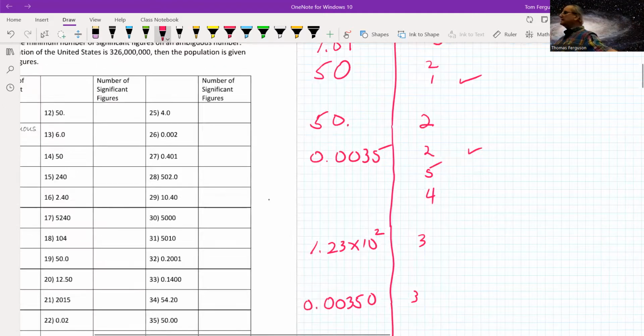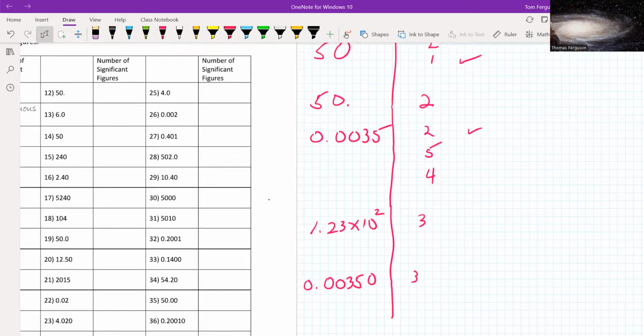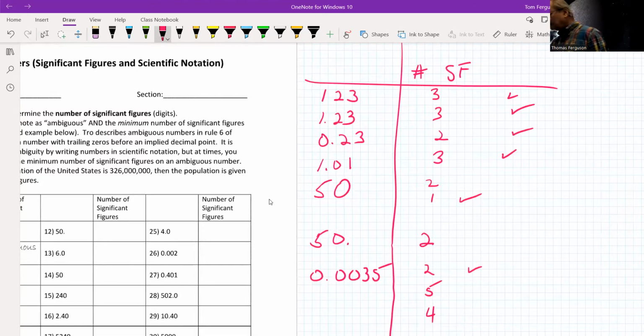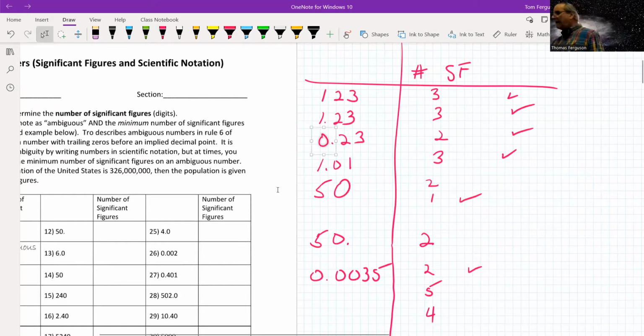So the issue is zeros. The issue is the decimal point. Okay. So whenever either one of those is present, you have to analyze what's going on. Okay, so we have 3 situations with zeros. Notice up here, the 0 was in the middle, and that counted as a significant figure.